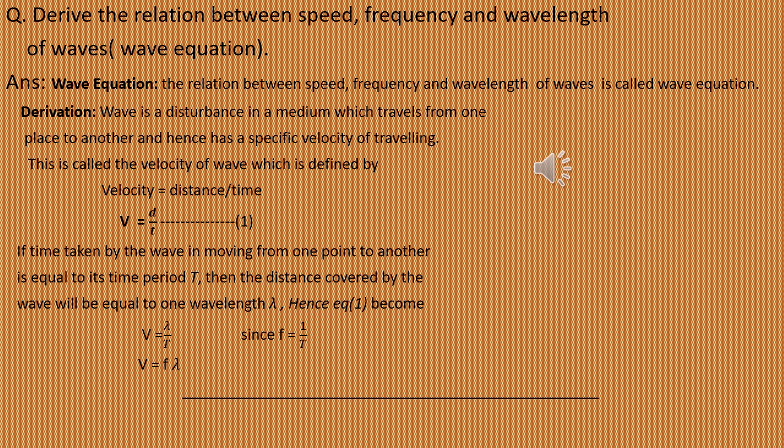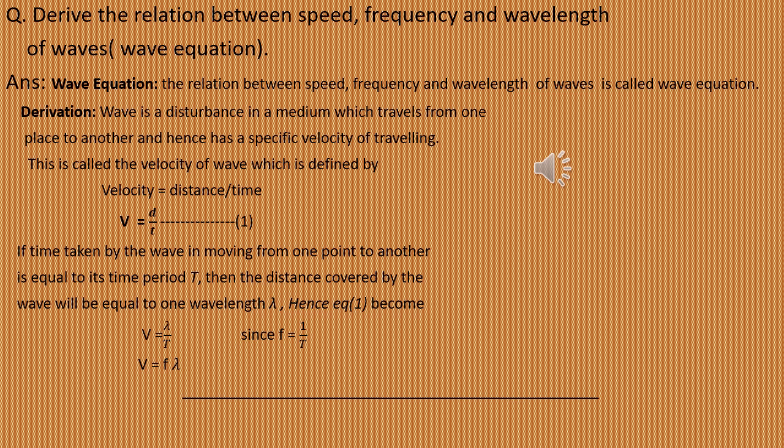Derivation: wave is a disturbance in a medium which travels from one place to another and hence has a specific velocity of traveling. This is called the velocity of wave, which is defined by velocity is equal to distance divided by time, or v = d/t.